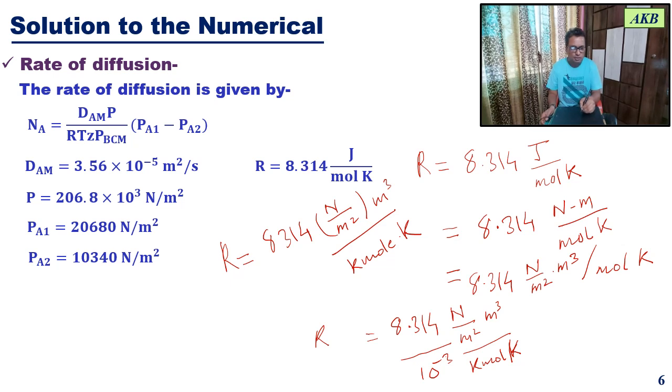Volume has to be in meter cube, but there is no volume in the equation, so that is not a problem. But the amount of substance that you'll be getting will be in kilomole. That is, the rate that I'll be getting will be in kilomole per meter square per second if I use this value of R. Okay, so please remember, be careful while using the value of R. I'll be using this value of R, and due to this I'll have to keep pressure in Newton per meter square, and the rate that I'll be getting will be in kilomole per meter square per second.